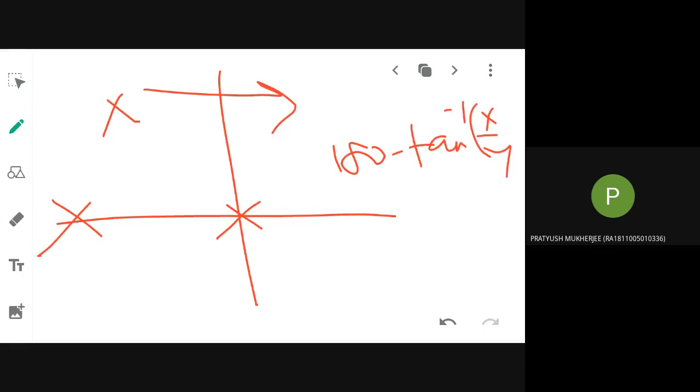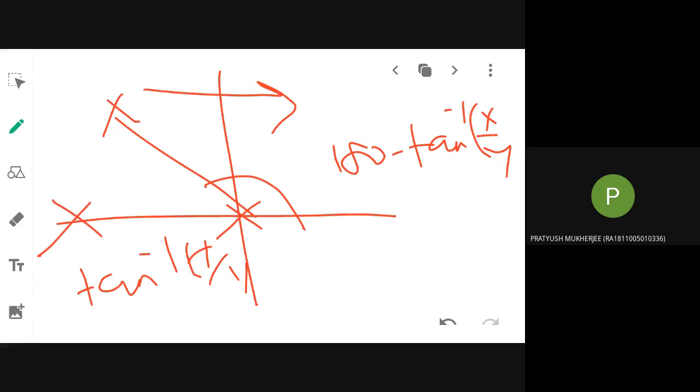Suppose it is on this side, then simply tan inverse of x by y. The simple way is to use a compass; you measure the angle and write it down. That is an easy method.